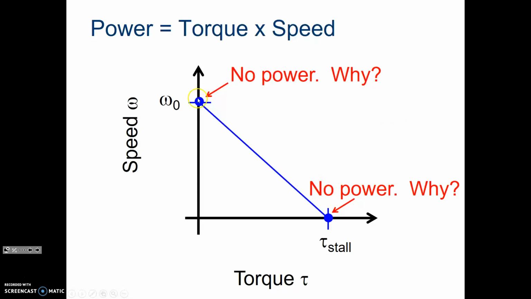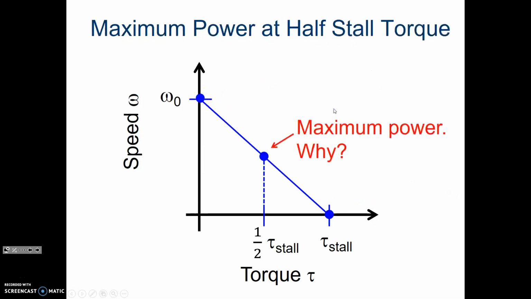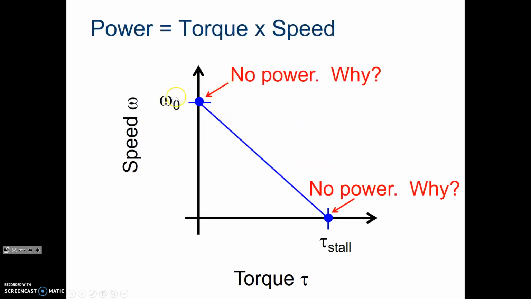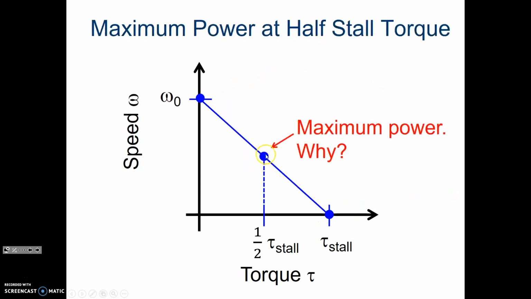So why is there no power here? Because the amount of power here is 0 omega times whatever this torque is. So the best place is the halfway.